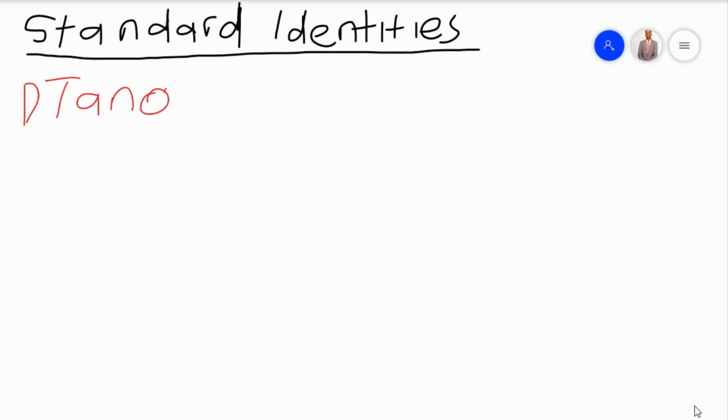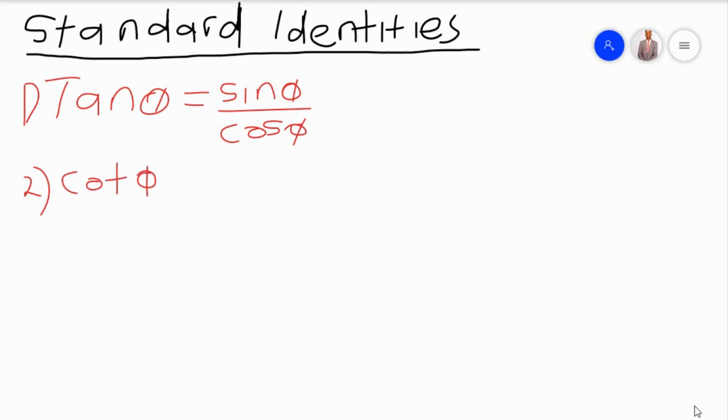The standard identities. Tan theta is exactly identical to sine theta over cos theta. Two, cot theta, which is cotangent theta, is exactly identical to 1 over tan theta, which is also exactly identical to cos theta over sine theta.